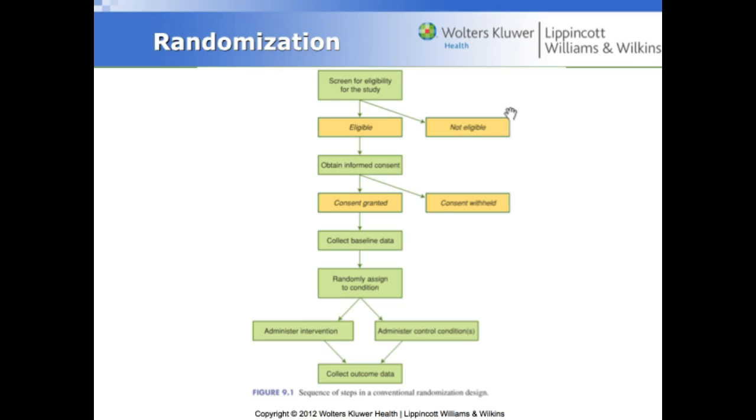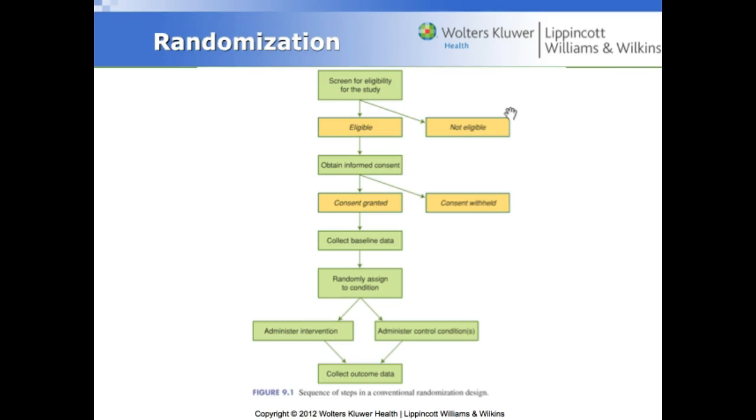So if you're doing 60 people and 40 of them have a college education and 20 of them don't, you may want to stratify that so you have 40%. You'd want to try to get those percents the same in each group, so that education wouldn't be a variable that could possibly skew it.